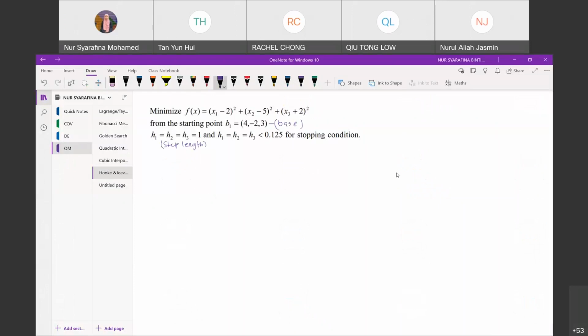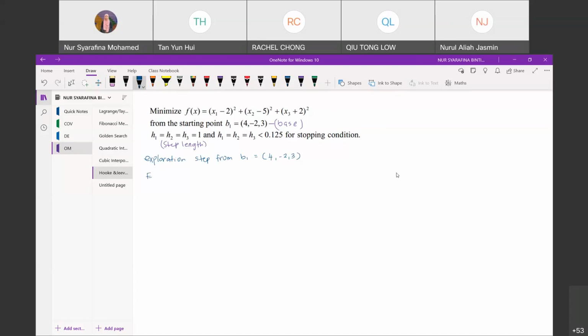So what should we start with? You have to know how many variables? Three, right? We start with exploration of the step from your base 1, which is (4, -2, 3).